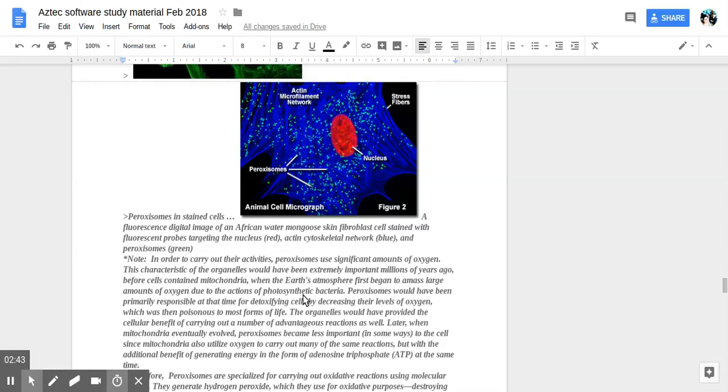Because photosynthesis produces oxygen, peroxisomes would have been primarily responsible at that time for detoxifying cells by decreasing the cell's levels of oxygen, which was then poisonous to most forms of life because oxygen breaks down molecules.